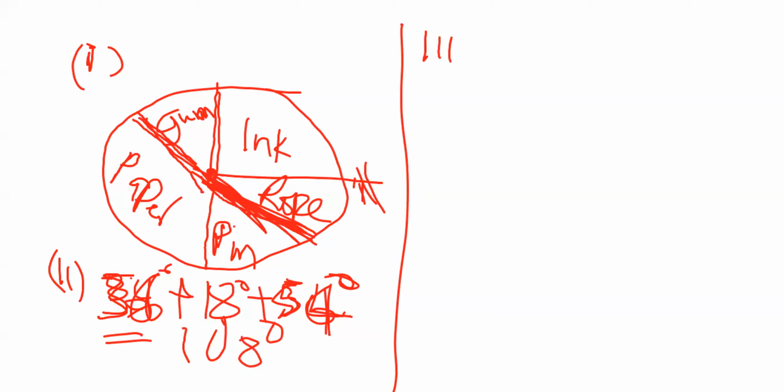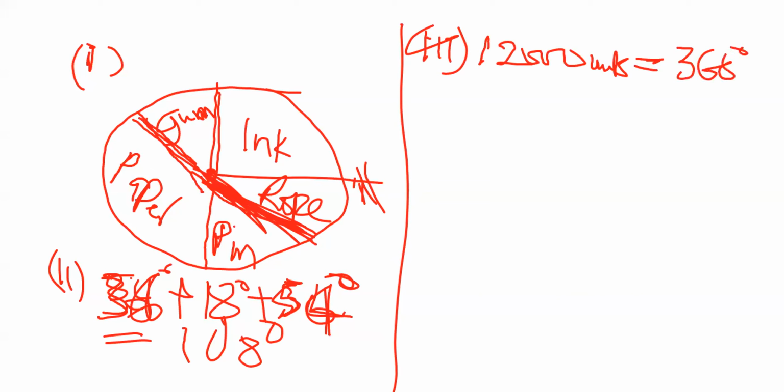Roman figure 3, if you can still recollect, what is there? 12,000 units was for the whole raw material. That's correct. So that means 12,000 units is represented with 360 degrees.